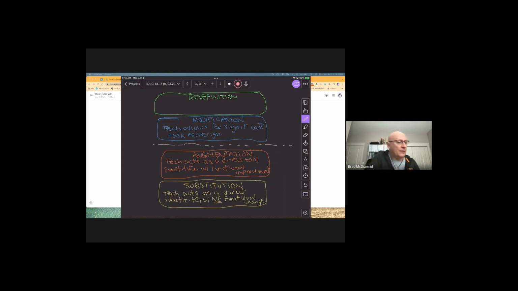Okay, and this is where tech allows for the creation of, and pay attention to that word, right? Top of Bloom's taxonomy, create, right?